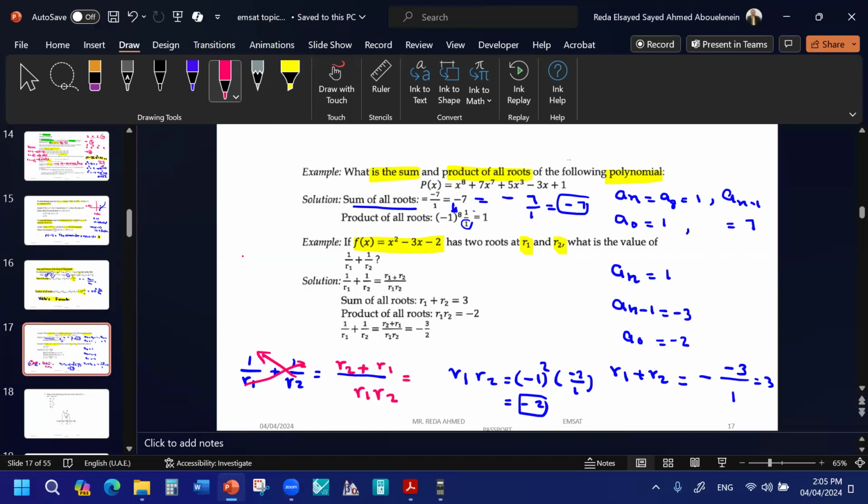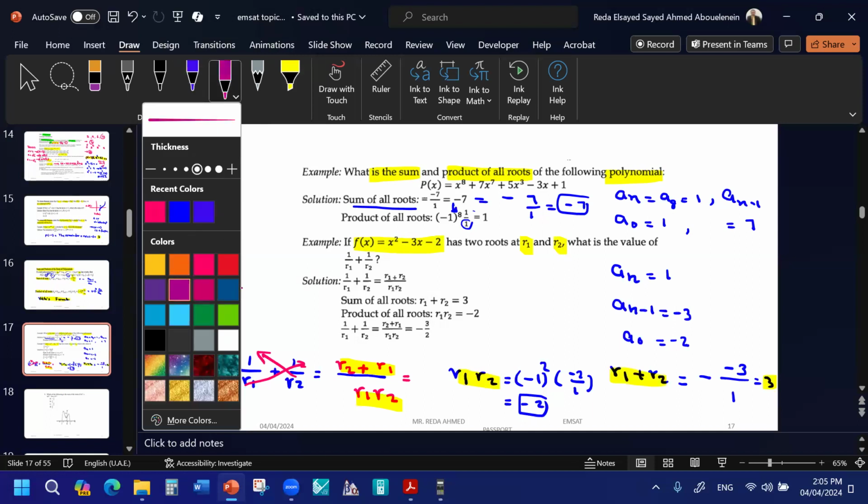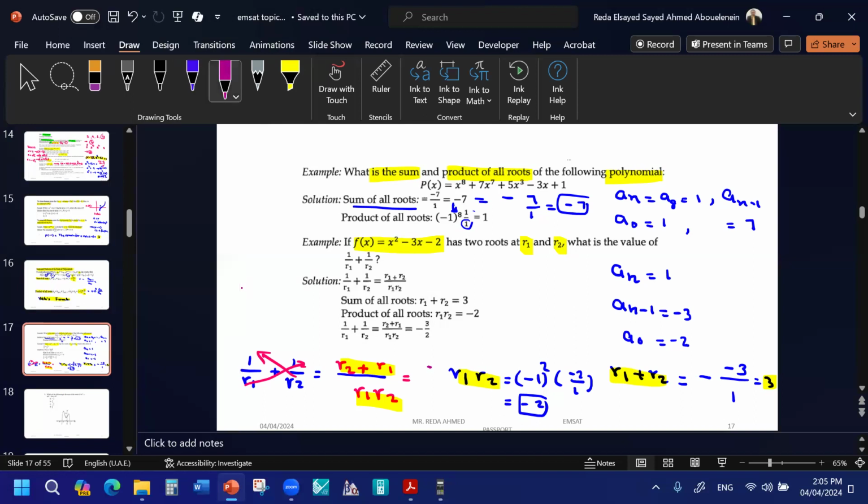So just replace this and that by the given values. So the result will be: the sum of the roots is 3, and the product of the roots is negative 2. So the result will be negative 3 over 2.